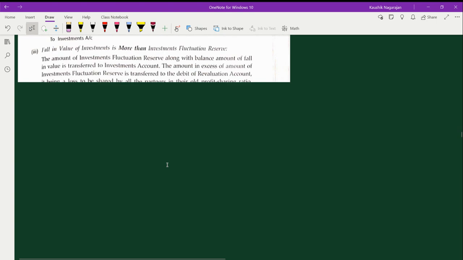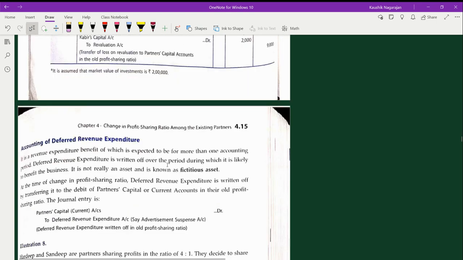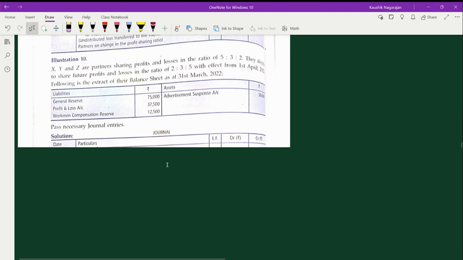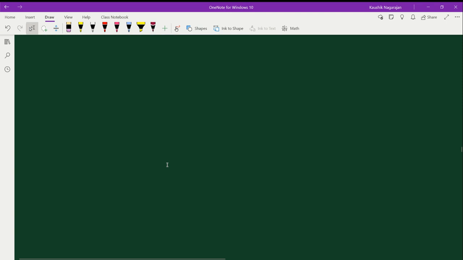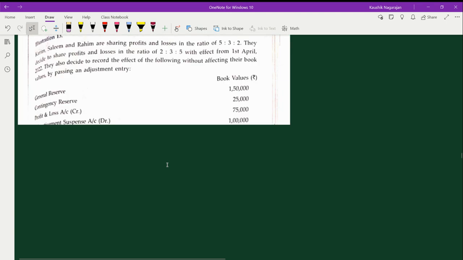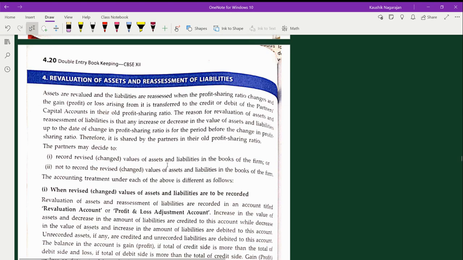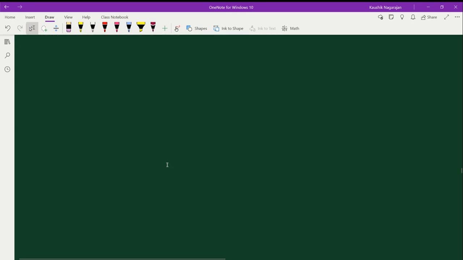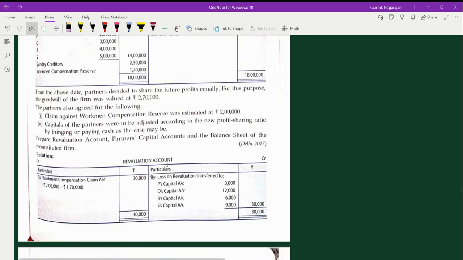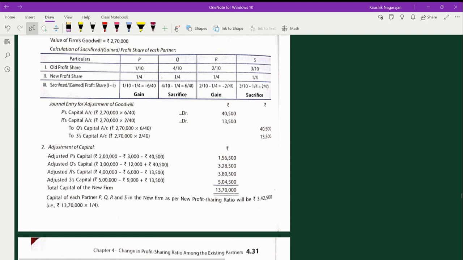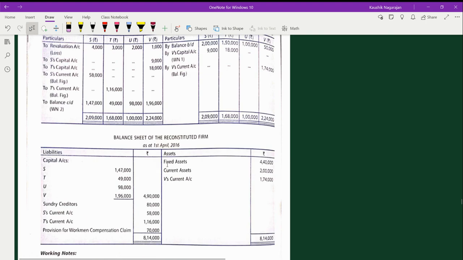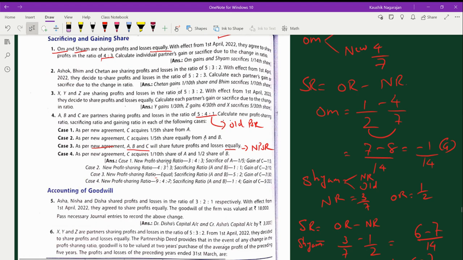Please try out problem number 4 from your textbook exercise, from the T.S. Grewal textbook. Is it clear to you? Please let me know if you have any difficulty in understanding the problem, executing the problem, or deriving the answers. Kindly do let us know.